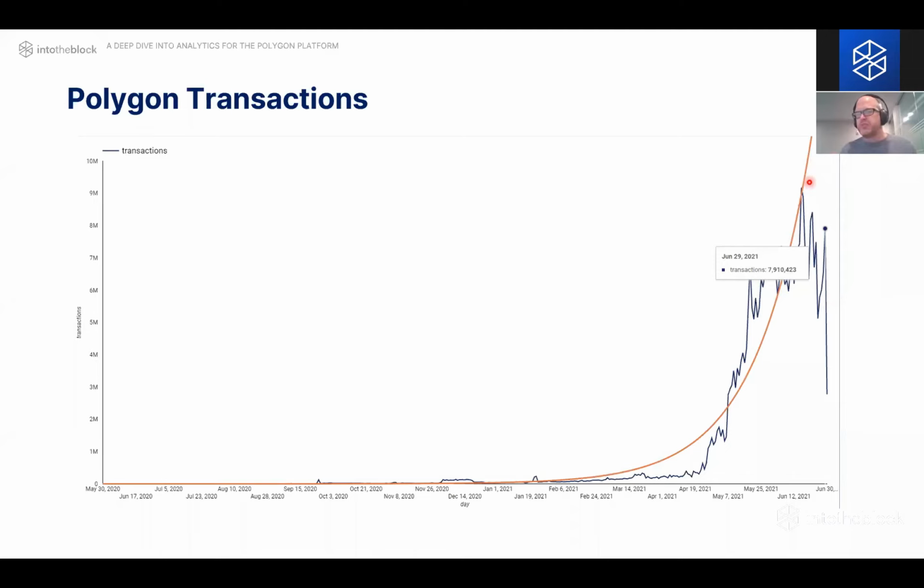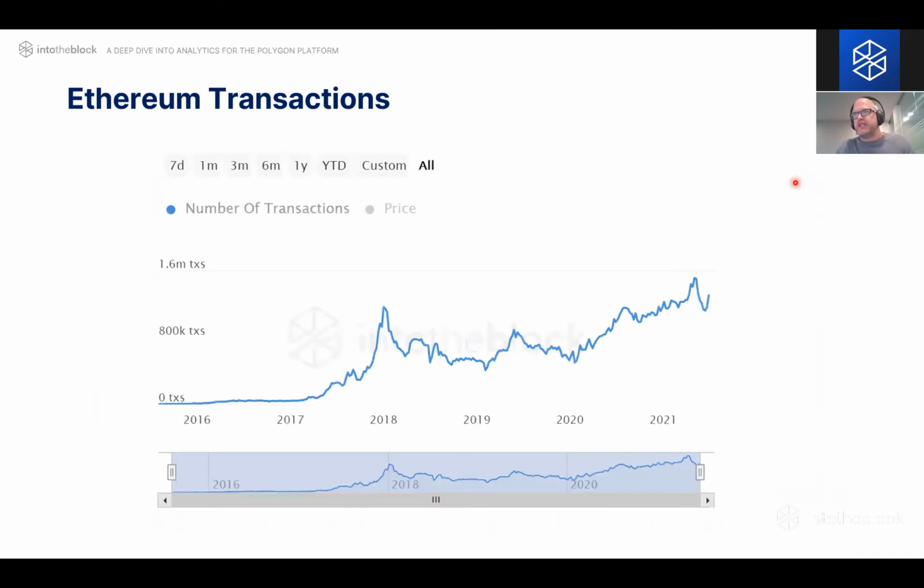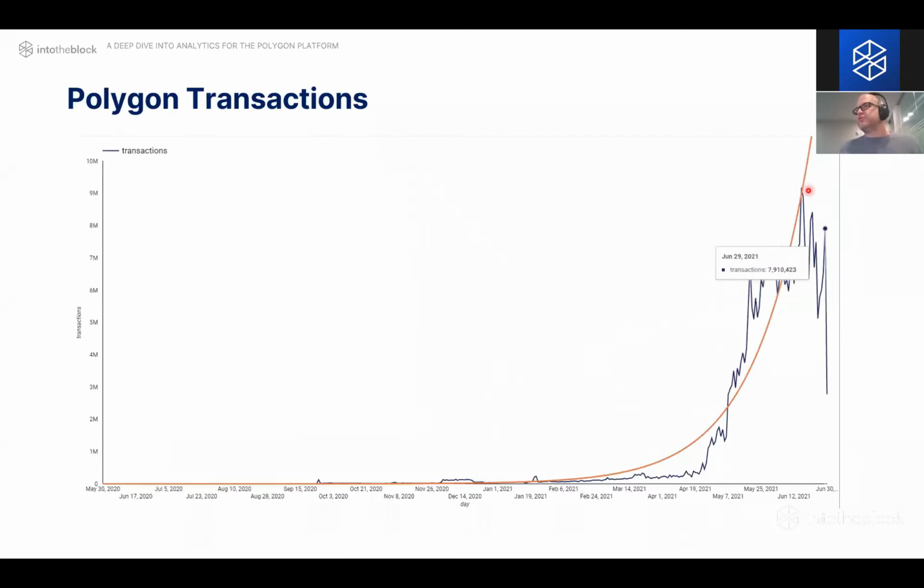Now, how does that compare to the Ethereum blockchain? If you think about it, Polygon was created as a way for Ethereum applications to scale. So we all know that Ethereum has very severe bottlenecks with transaction processing. And when we look at those numbers, even though they have been increasing recently on the Ethereum blockchain, and you can find this data in the Into the Block platform, so borderline 1.6 million transactions, where here we're approaching about 9 million transactions.